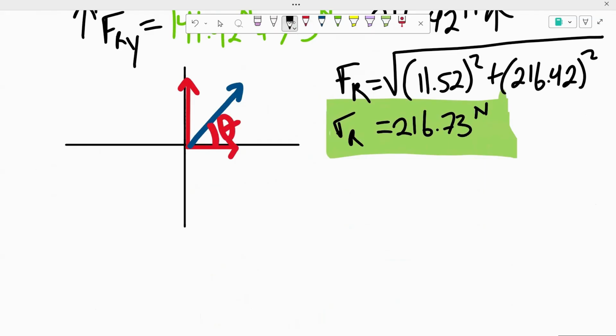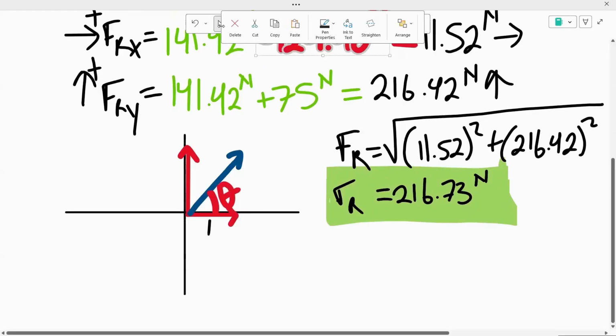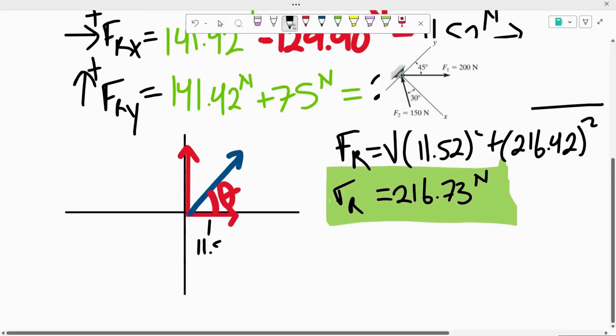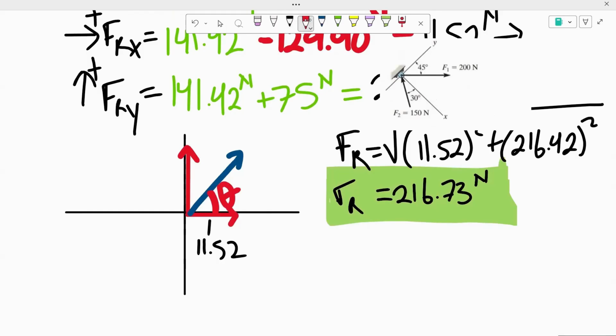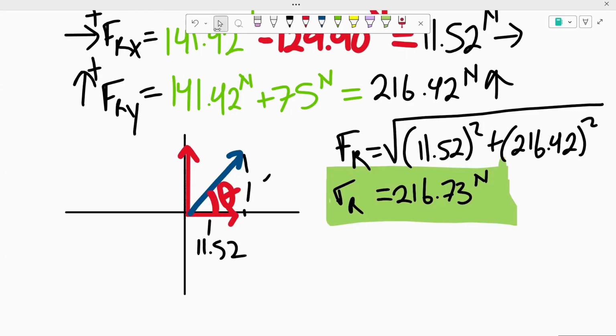This side right here is the 11.52, and if we complete the triangle on this side, this side is the 216.42 newtons.